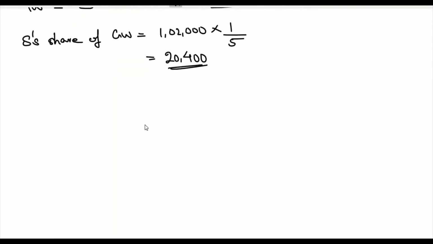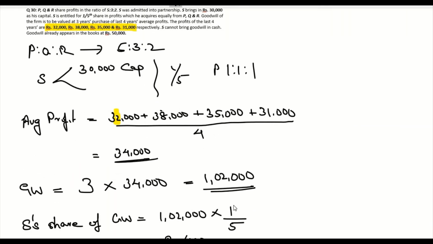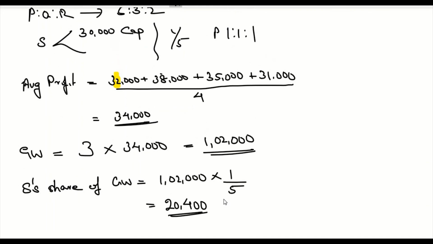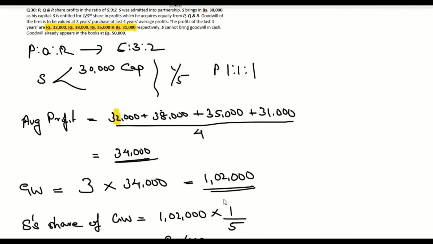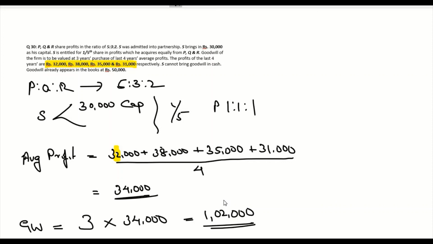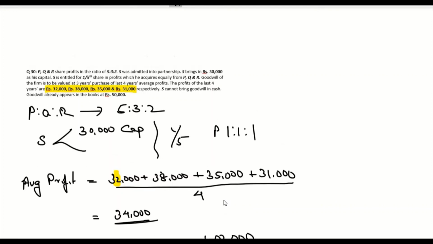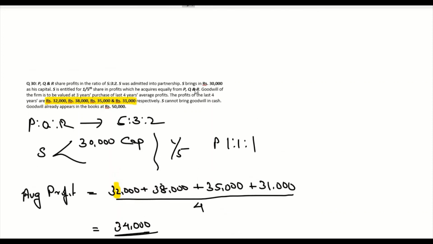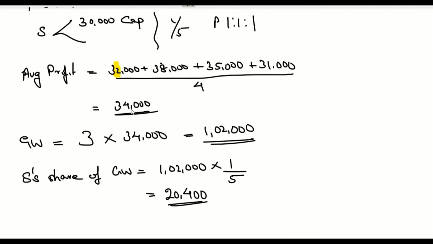Now we need to pass the journal entries for this. First journal entry: there is a goodwill that is calculated. The question says there is an existing goodwill in the books which is 50,000.